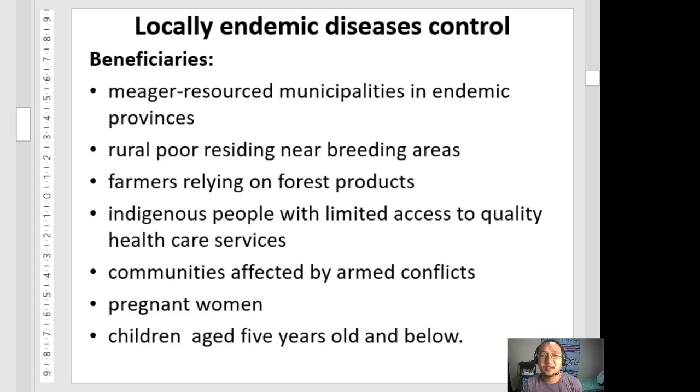So, who are the beneficiaries of this program? We have the poor municipalities in endemic provinces, those who are near the breeding areas, for example, the mountainous forested areas, rivers, and farmers relying on forest products, indigenous people with limited access to quality healthcare services, then communities affected by armed conflicts.